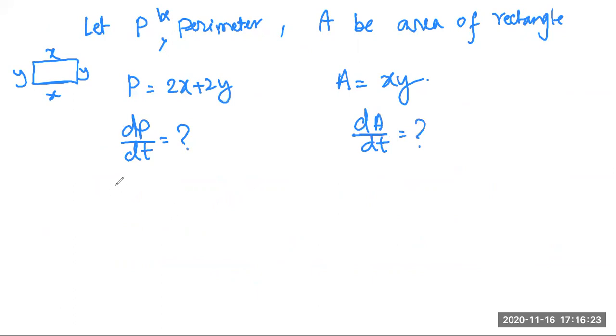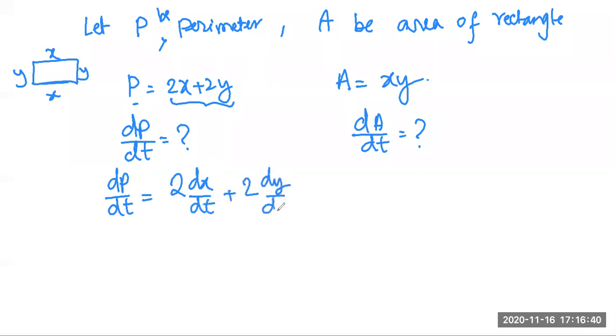So dp by dt equal to, I am differentiating this. I differentiated the left side, and to differentiate the right side, we'll have 2 dx by dt plus 2 dy by dt.